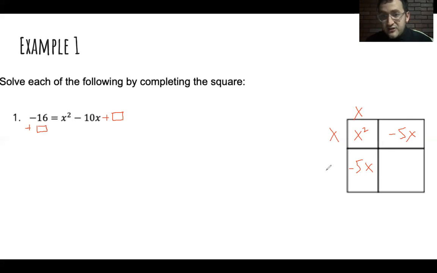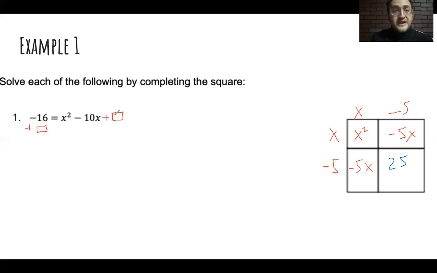So I got an x here. So this means that this has to be negative 5 and this has to be negative 5 as well. And what we're going to be thinking about is the number, and I'm going to make this blue, the number that we get when we do negative 5 times negative 5. And that number happens to be 25.